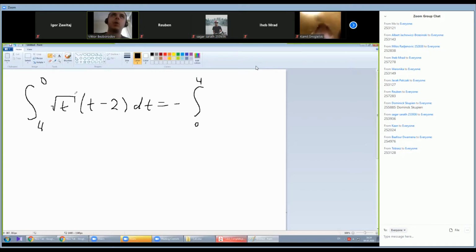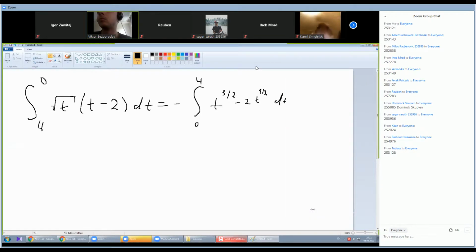And then we open the parentheses here, so it's going to be t to the power 3/2 minus 2t to the power 1/2 dt. Now we compute the antiderivative.